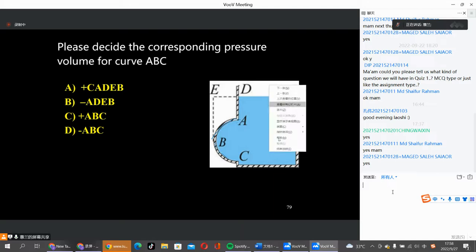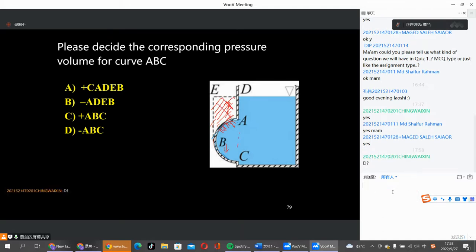For AB, the pressure volume is ADEB. Above curve AB to the free surface is empty pressure volume, upward, because of the pressure force. And for curve BC, it will be true pressure volume.